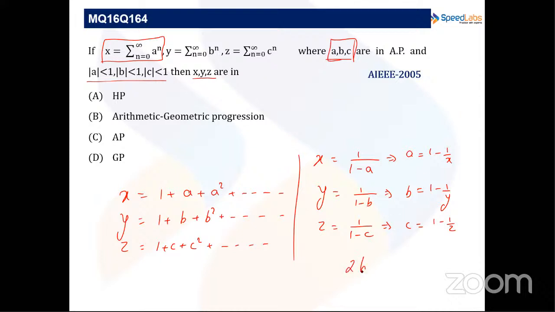So 2 times b is equal to a plus c. So 2 minus 2 upon y equals 1 minus 1 by x plus 1 minus 1 by z. So these terms will get cancelled out, and 2 upon y will be equal to 1 by x plus 1 by z. So we can see here that x, y, z are in HP. So the correct answer is A.